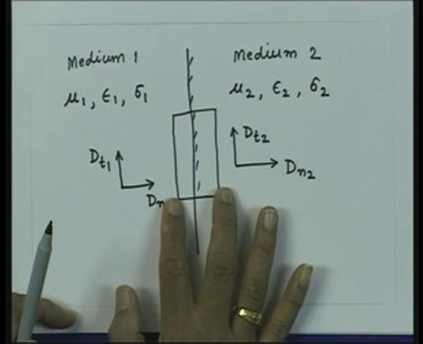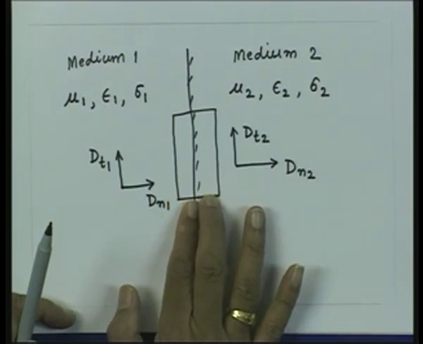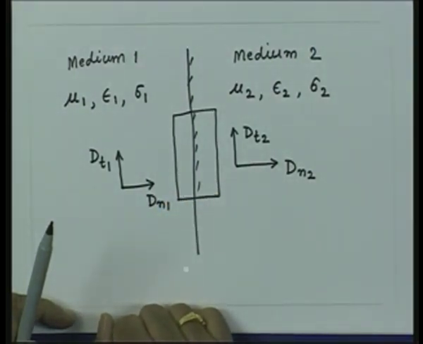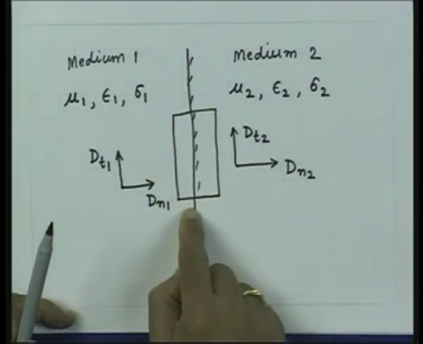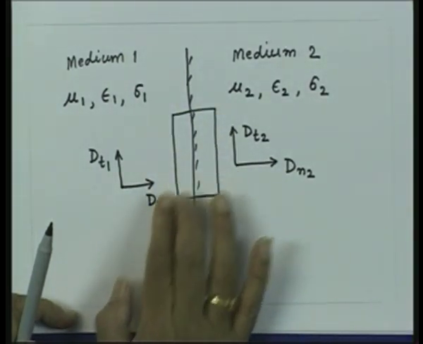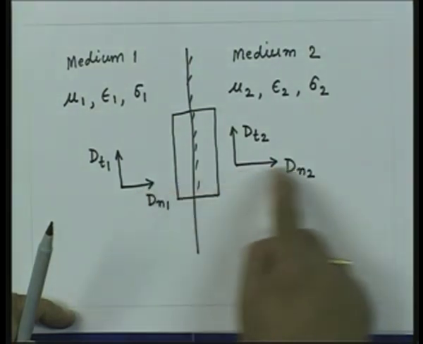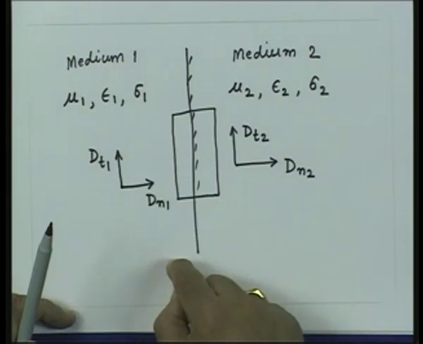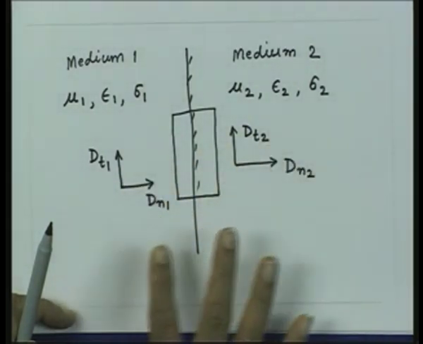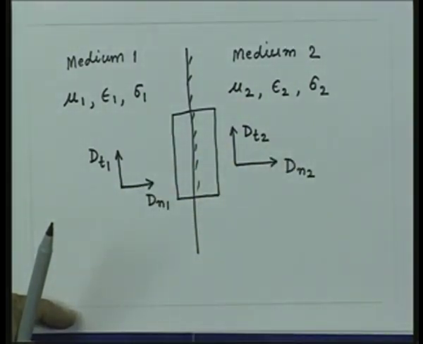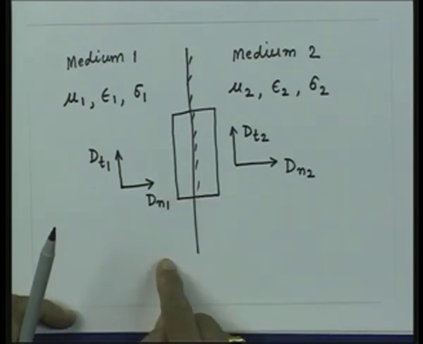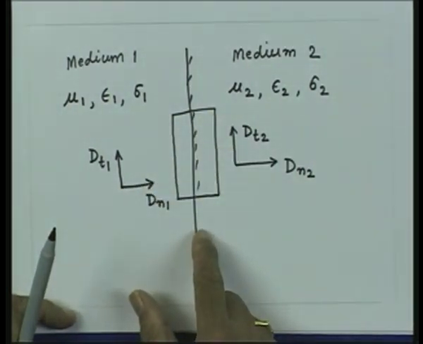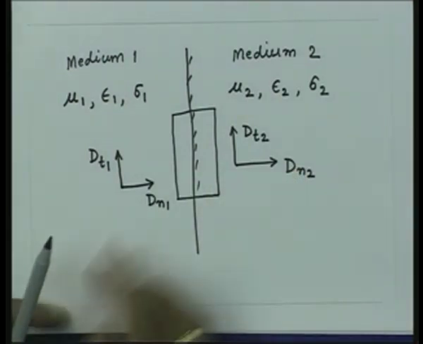Similarly, the net displacement coming from this side of the box will be equal to 0. So the displacement coming out of this box will be the difference of these two, which are the normal components, because these components are tangential. So this is not representing the outward electric displacement. So from the Gauss law, the net normal displacement from this box is equal to the total charges enclosed within this box.